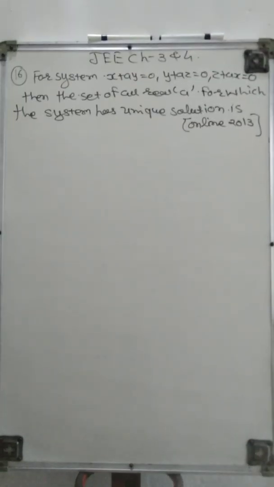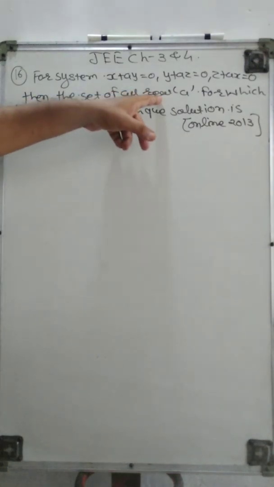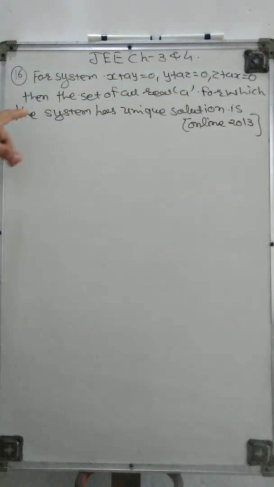Question 16. For the system x plus ay equal to 0, y plus az equal to 0 and z plus ax equal to 0, the set of all real values of a for which the system has a unique solution is dash. Means we want to find the value of a for which there is only the trivial solution, right?